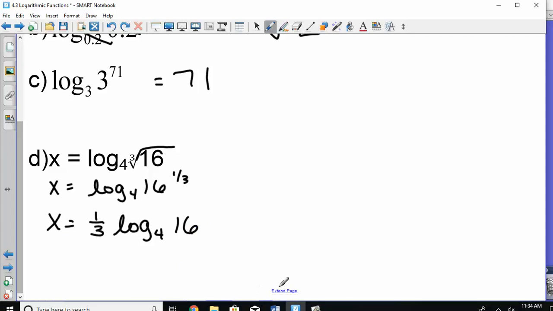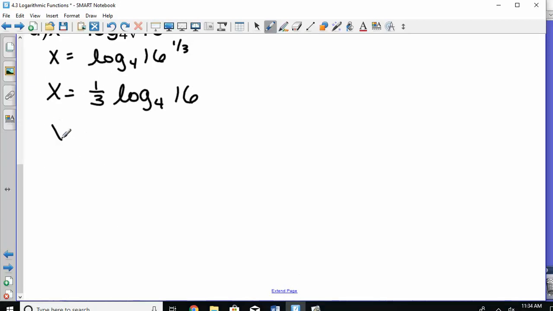Okay, can we solve it from there? Do you know log base 4 of 16? That means 4 to what power equals 16? 2. So x is 2/3.